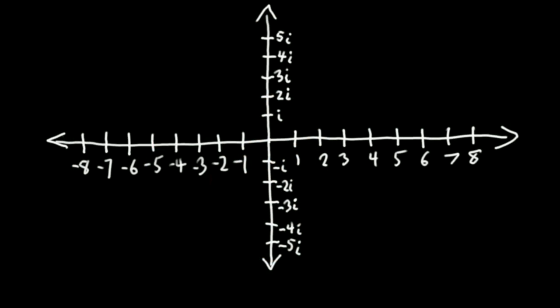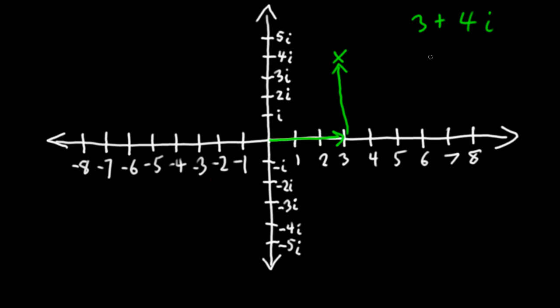Now, I want to point out that there are two completely different ways that people represent numbers in the complex plane. One is in rectangular coordinates. In other words, this point is 3 to the right and 4 up, so it is 3 plus 4i.